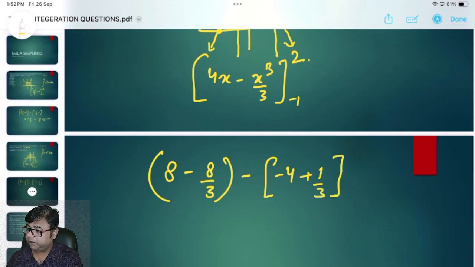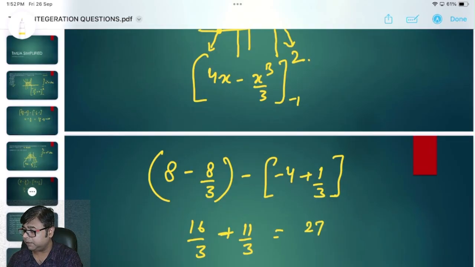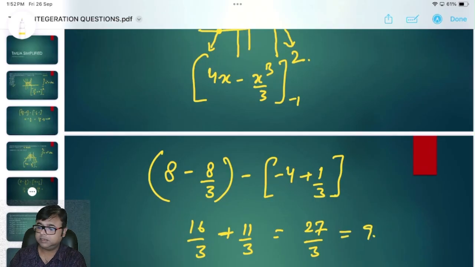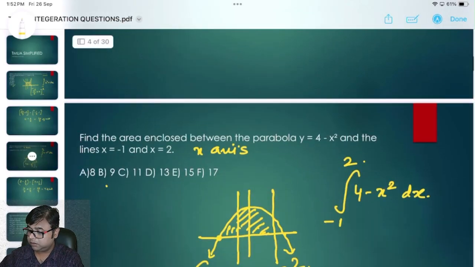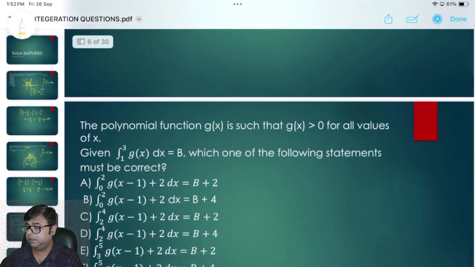So this gives me 24 minus 8, 16 by 3, minus, and it will become plus 11 by 3, which is 27 by 3, and 27 by 3 is equal to 9. So 9 is the correct answer, 9 square units. So this is how we can do these problems quite easily.